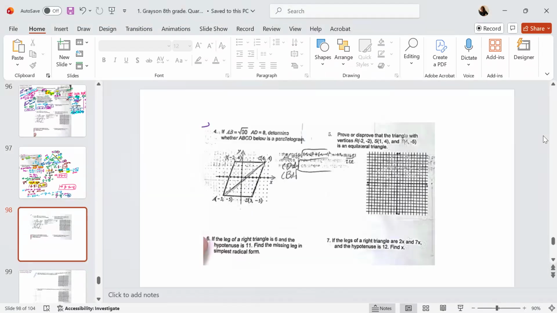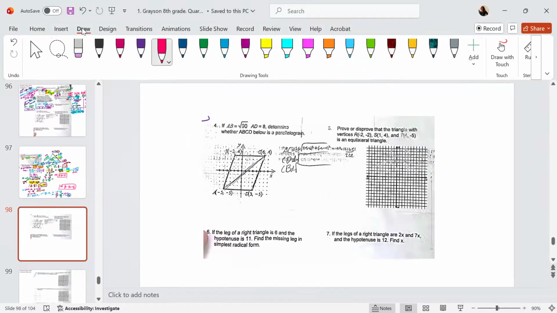Read number 4. If AB equals square root 90, AD equals 8, determine whether ABCD below is a parallelogram. The distance of A to B is what? 90, or square root of 90. What is the distance of AD?